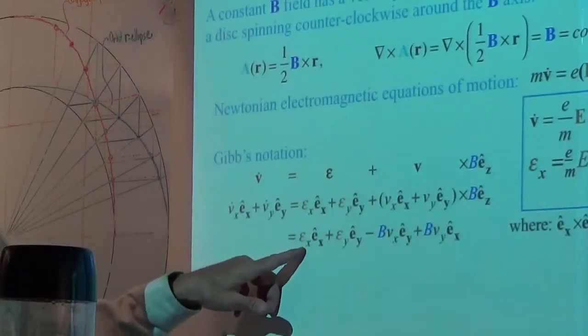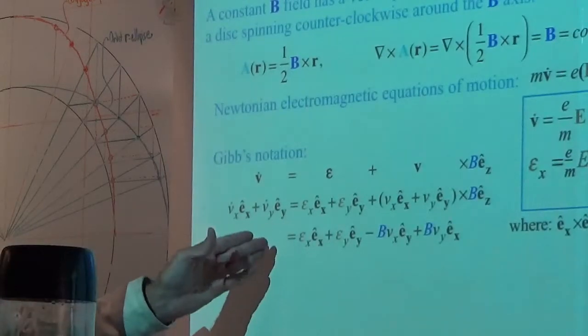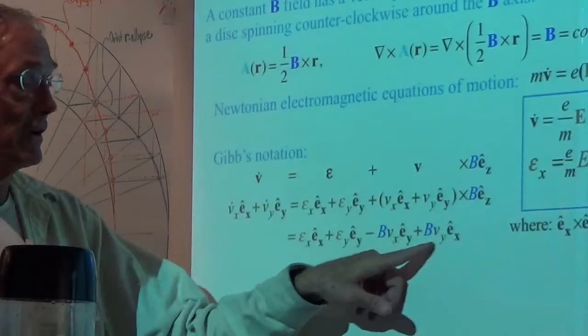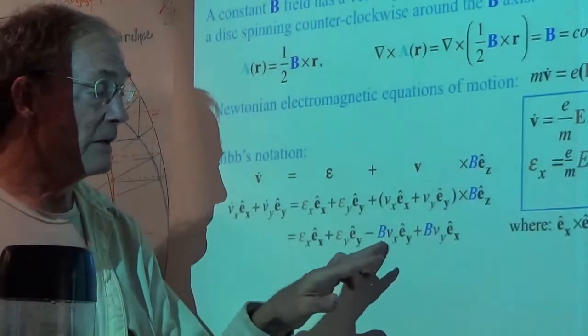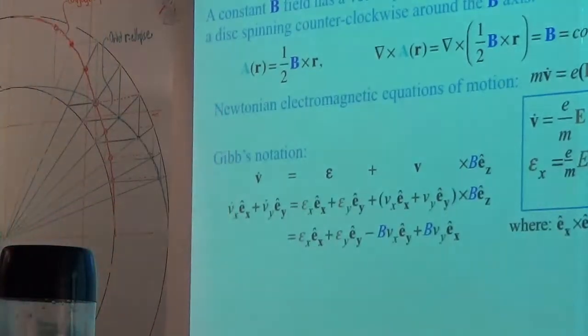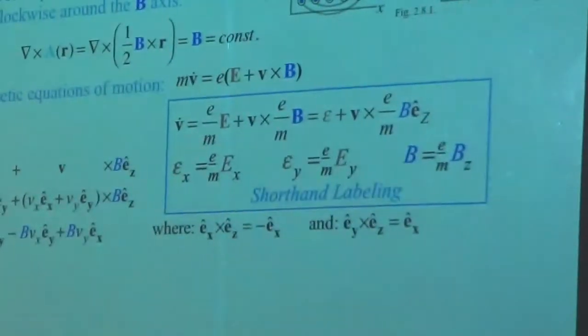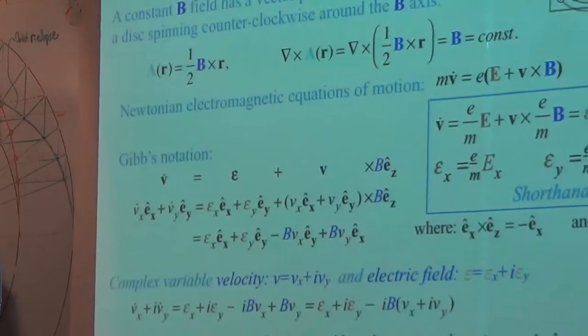So you end up here with a usual scalar product of the E with the unit vectors X and Y. And then you have a cross product, but just a component that is perpendicular to X and Y in the normal vector analysis.